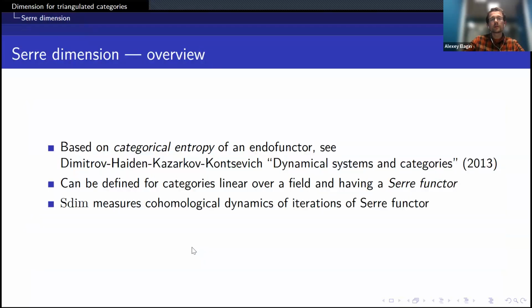So now let's turn to Serre dimension. Actually, it's based on, or it's parallel to, the notion of categorical entropy that was suggested by Dimitrov, Haiden, Katzarkov, and Kontsevich in a very nice paper about dynamical systems and categories.